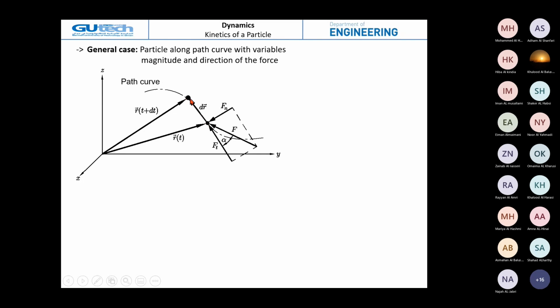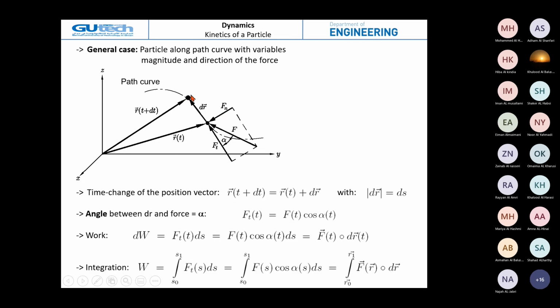During the motion, that means the change of the position vector r. Then we have time t and time t plus dt. Of course, Fn and Ft will change at this position.